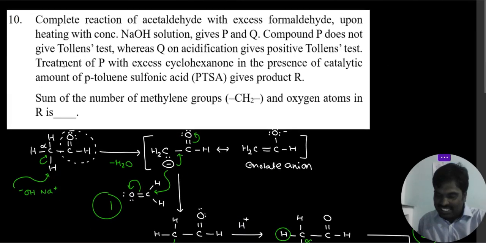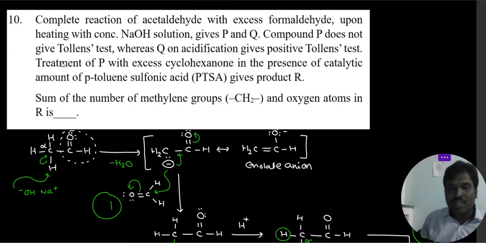So 100% satisfied. Now, treatment of P with excess cyclohexanone in the presence of catalytic amount of para-toluene sulfonic acid. This para-toluene sulfonic acid is an acid. So pentaerythritol reacts with cyclohexanone in the presence of acid and gives one product, R. In that product R we have to count methylene groups and oxygen atoms.